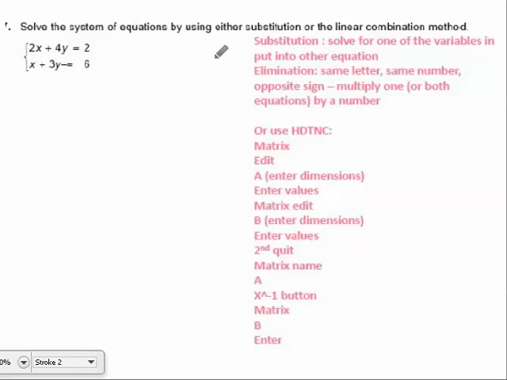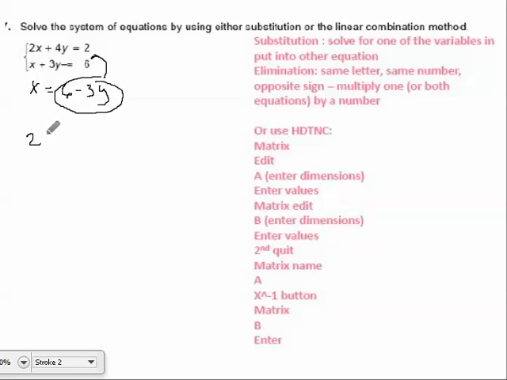Okay. This one says to solve the system of equations by using either substitution or linear combination method. So they're not caring which way I do it. So what I'm going to do here is I'm going to take the second one. x is equal to 6 minus 3y. And I'm going to substitute this in for x in the first equation.